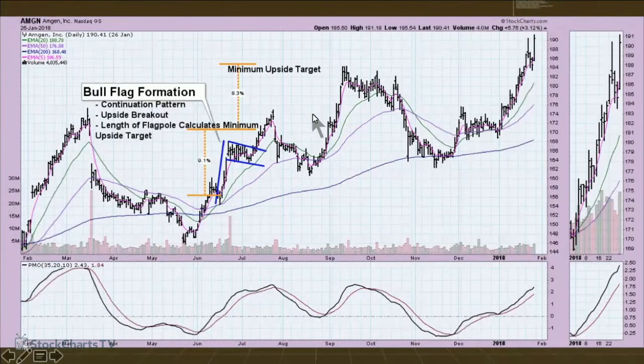All right, the bull flag, and I've gone over this a lot, so I'm just going to do the flags quickly. It looks very much like a flag. You get a flagpole, and then you'll either get a little declining trend channel, maybe even a little bit of a rising one, or you'll see that pennant, that symmetrical triangle, on the end of it. These are continuation patterns, so they should occur in an upward move.